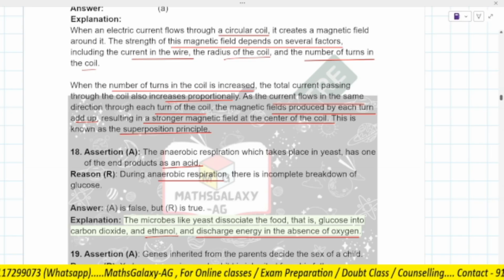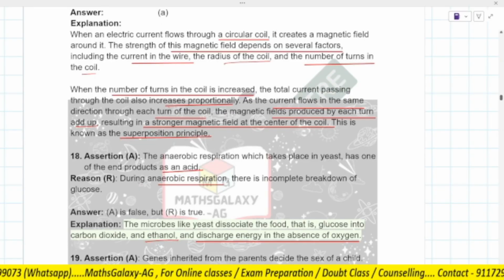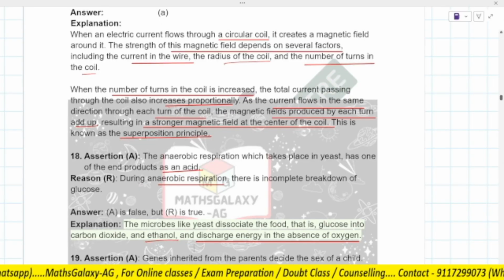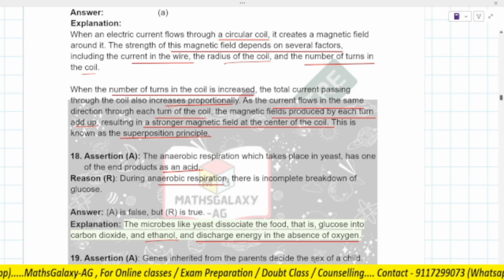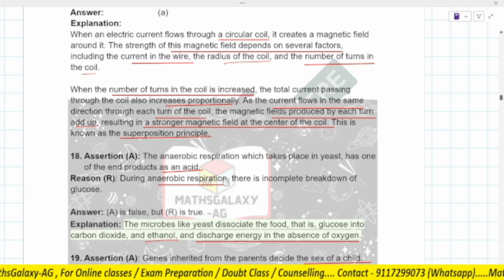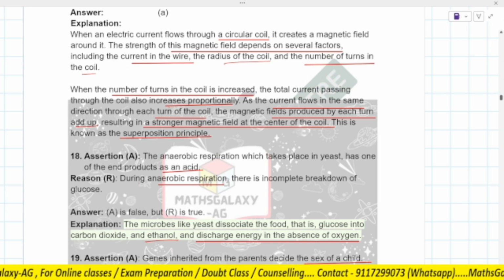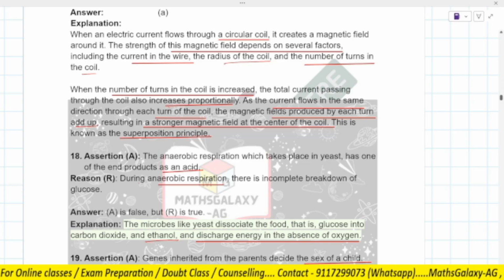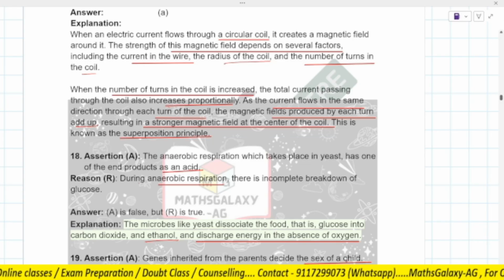Okay. Let's see here. Genes inherited from the parents decide the sex of a child. Okay, the gender of the child. And the reason says that the X chromosome in a male child is inherited from his father. Tell me which one is correct, or both?